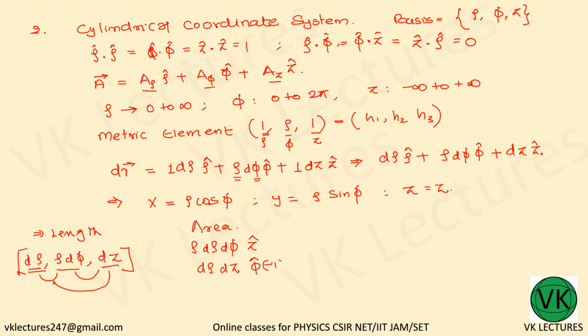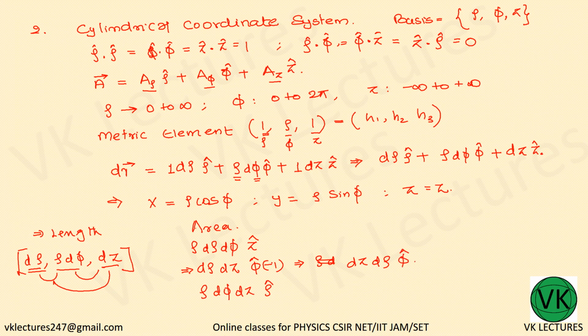Now you have to write rho d phi dz in the direction of rho cap, and one more thing you can write, dz d rho in the direction of phi cap if you go cyclic.